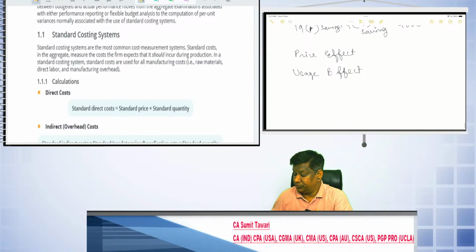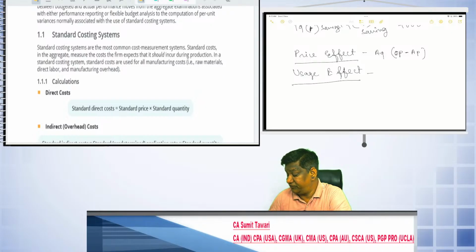So the formula: if I want to calculate the price effect, I need to compare actual price and standard price, and the common factor in that situation is actual quantity. So my formula is actual quantity multiplied by standard price minus actual price. That is my formula for calculating the price effect.